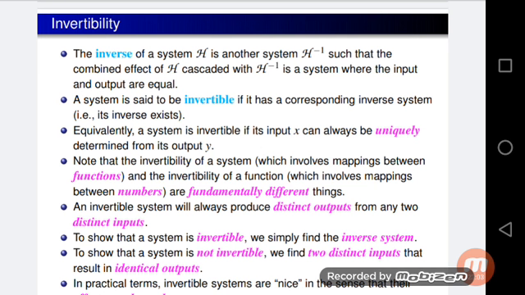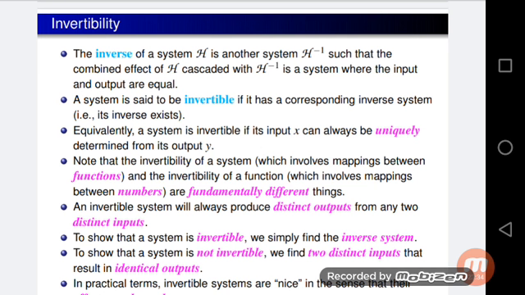Equivalently, a system is invertible if its input x can always be uniquely determined from its output y. Note that the invertibility of a system, which involves mapping between functions, and the invertibility of a function, which involves mapping between numbers, are fundamentally different things.